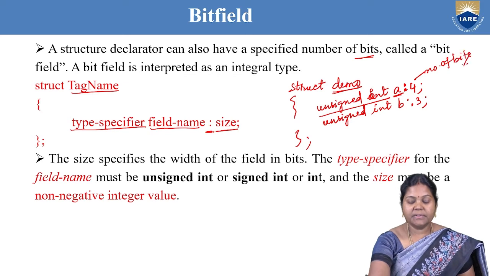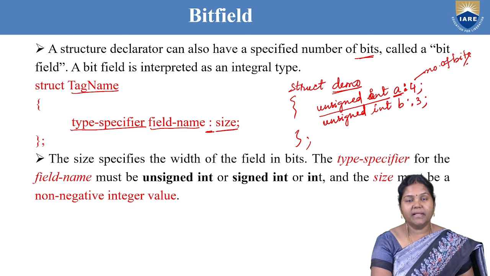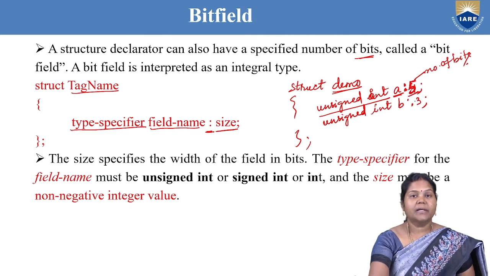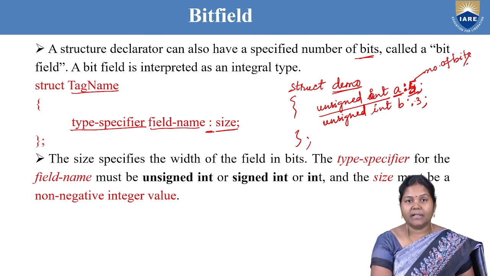So if you do not specify, for the unsigned integer normally 4 bytes is allocated. But if you specify that for storing the value into A, we are indicating only 4 bits, okay, not in bytes, so this way it is going to save. Or suppose I am writing 5 bits over here. Now memory is normally allocated in bytes.